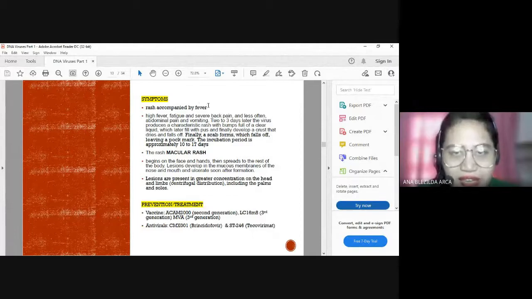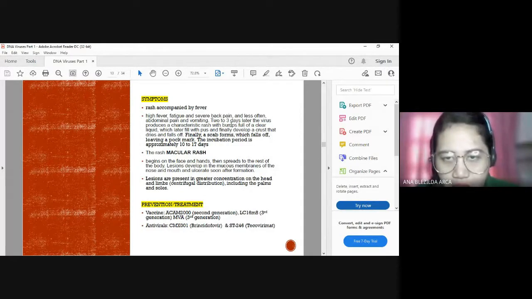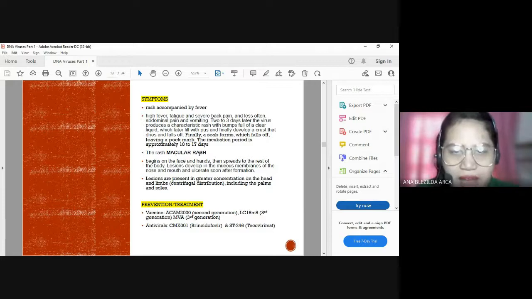Sabay sila nakikita. Okay? So, 2 to 3 days later, the virus produces a characteristic rash with bumps full of a clear liquid. Ito yung tawag natin na pustules, which will later fill with pus and finally develop a crust that dries and falls off. So kapag meron ka ng scab formation, leaving a pock mark, then the incubation period is approximately 10 to 17 days. So yung rashes, ang tawag mo doon ay macular rash.